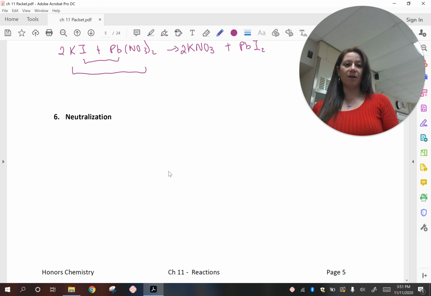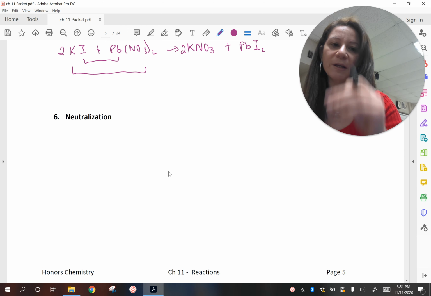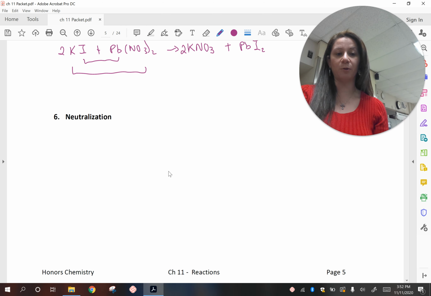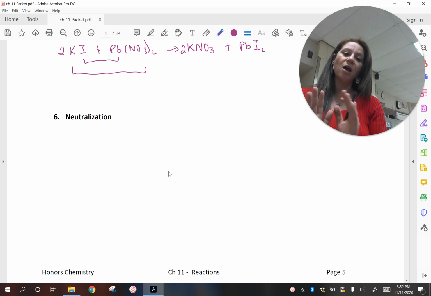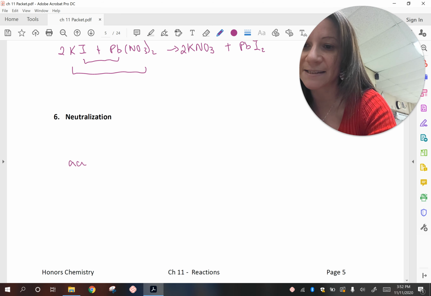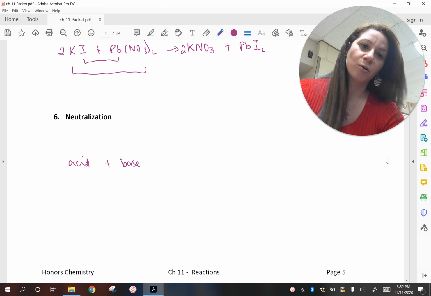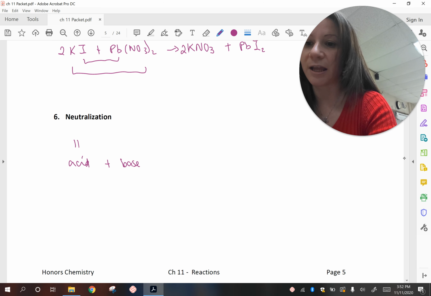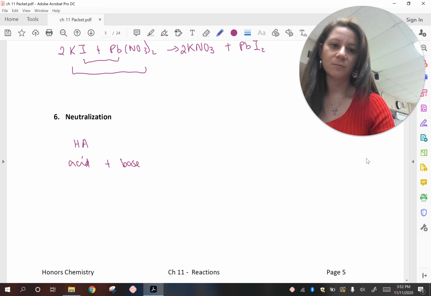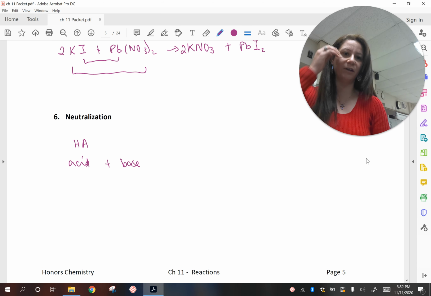Last type we're going to talk about is neutralization. Neutralization is actually a special type of double replacement. Because it is a type of double replacement, you're going to start with 2 compounds. But they are 2 special compounds. One of them is an acid, and the other one is a base. To know that it's an acid, it's going to start with hydrogen. So HA is going to be our example of an acid.